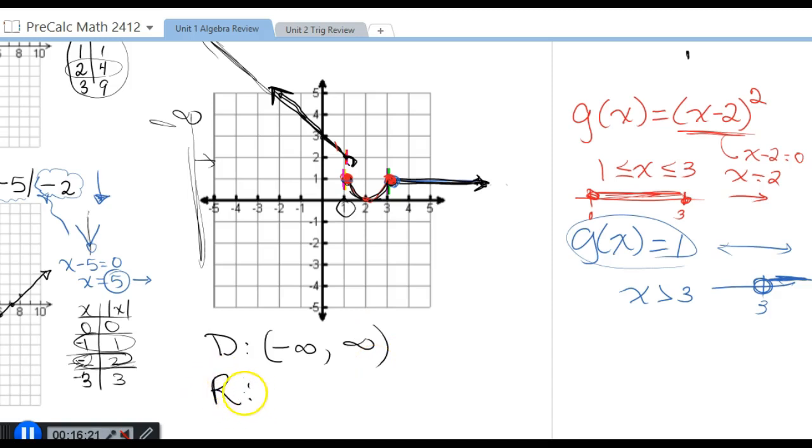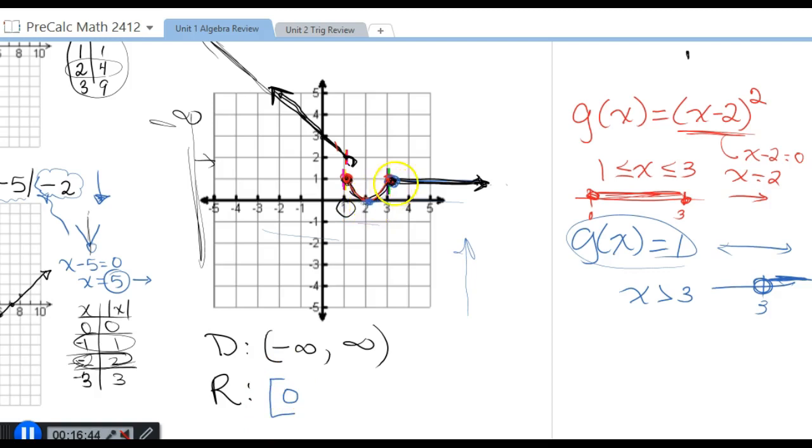When we take a look at range, we're going to do the exact same thing. This time we're going to take a look at the y values, and I like to start from the bottom and look on my way up. So notice there's nothing down here. And the first time we see our graph hit a y value is going to be my x-axis. So we're going to say that it includes the 0, because this is a y value equal to 0.